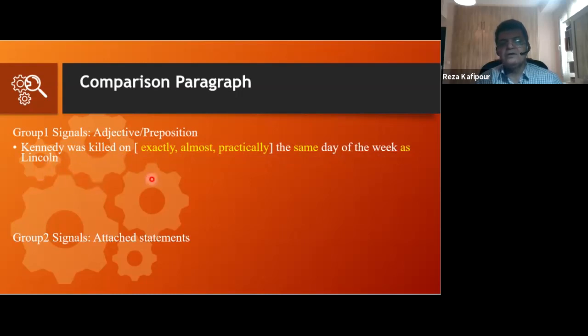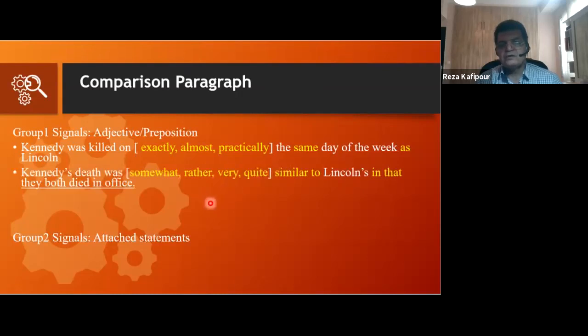So this is one of the signals, that we may use a degree of comparison plus same as adjective and as preposition. This is a typical sentence for using this structure. The other structure that's somewhat similar, using adjective and preposition, is this one.